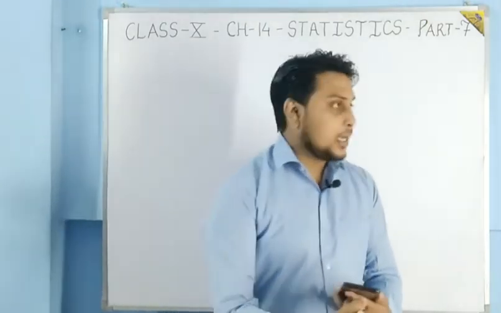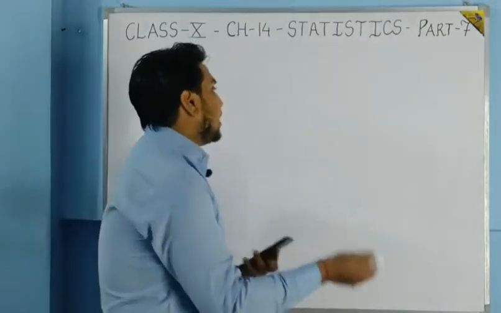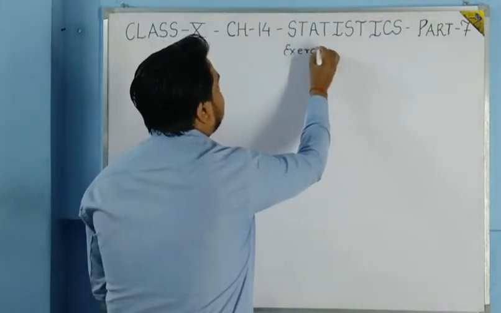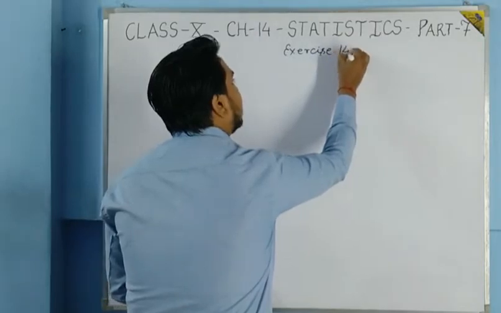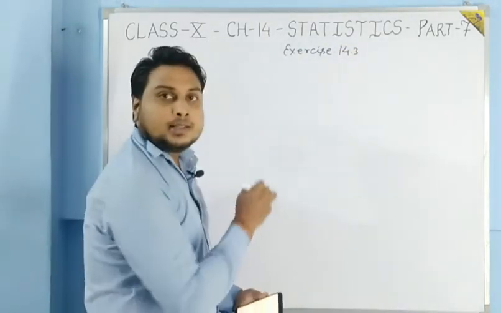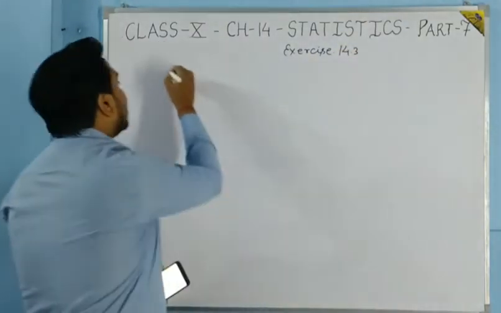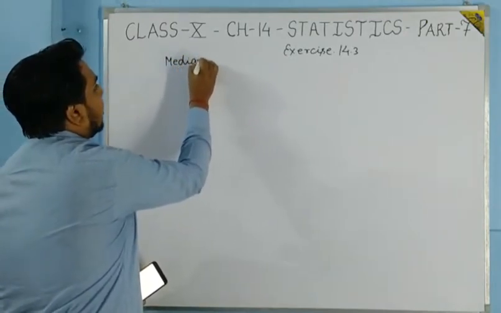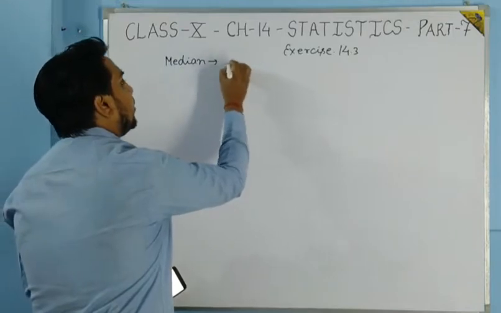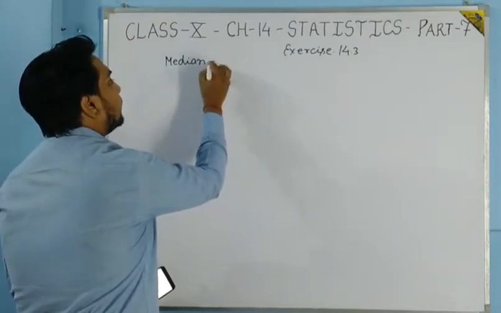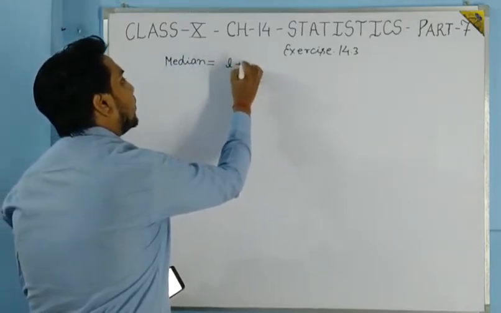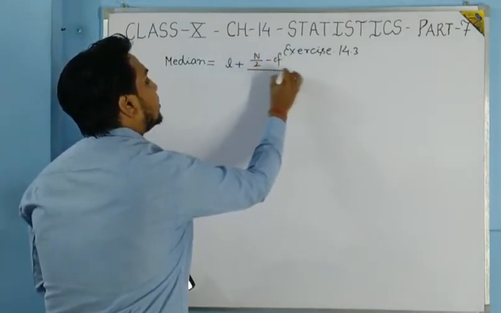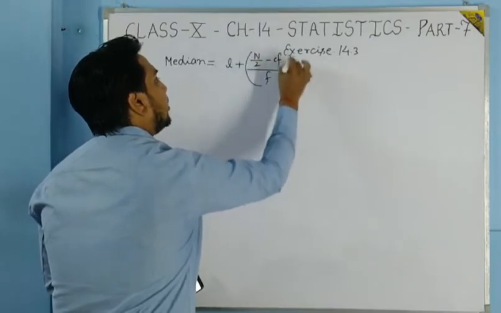Once again I want to remind you of the formula. We are solving exercise 14.3, and in this exercise we are solving the questions based upon median. What is the formula for median? Median is equal to lower limit plus n by 2 minus cumulative frequency upon f into h.